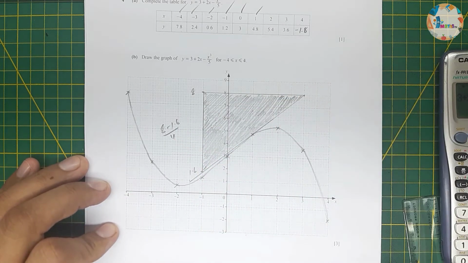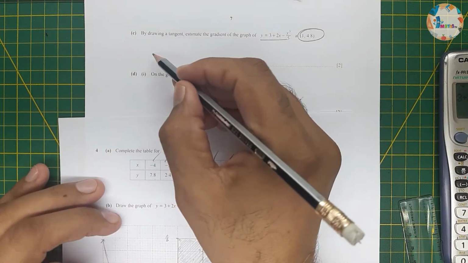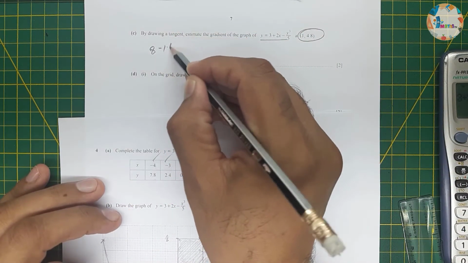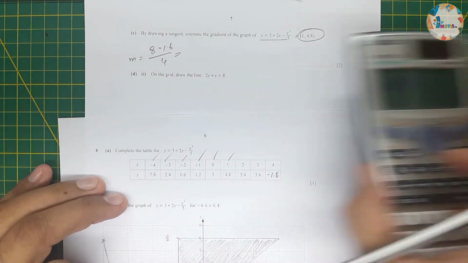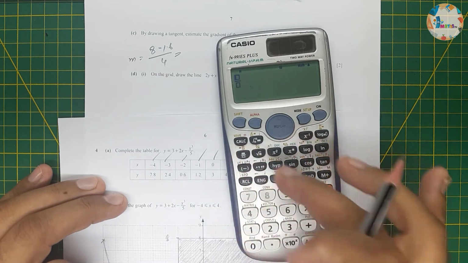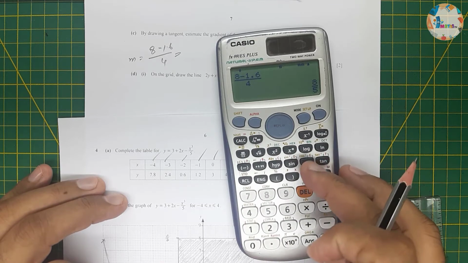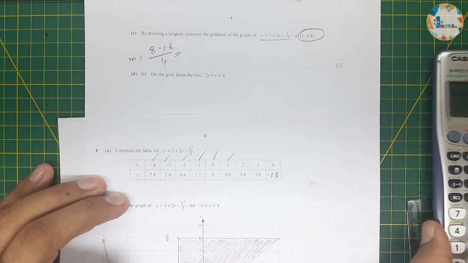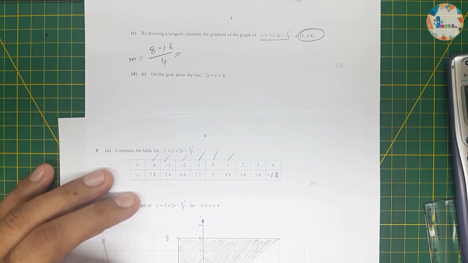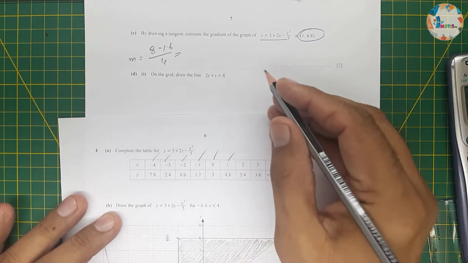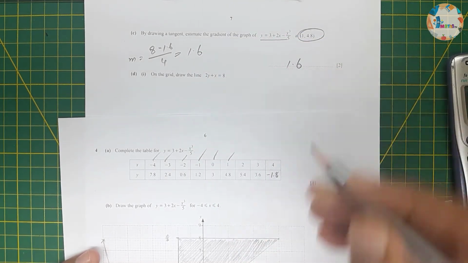So we can write this working over here: 8 minus 1.6 divided by 4. This will be the value of m, which is equal to 8 minus 1.6 divided by 4, and our gradient value is 1.6. So 1.6 is done.